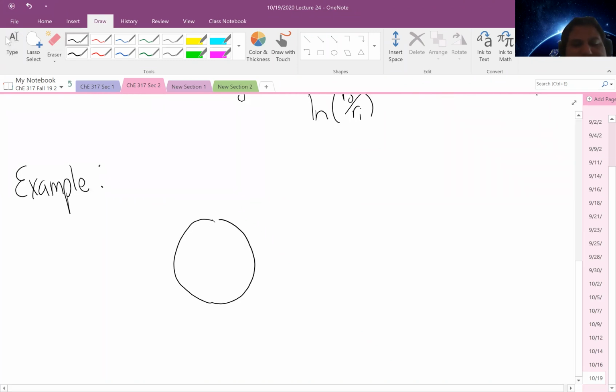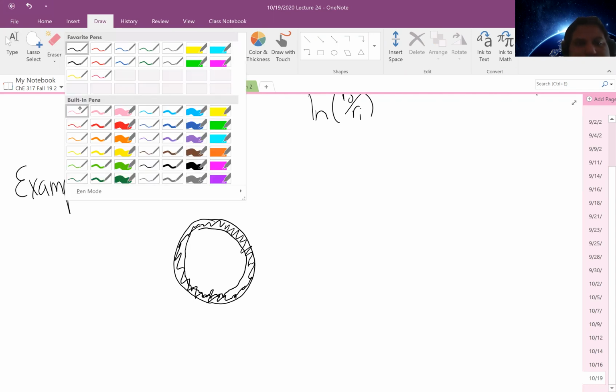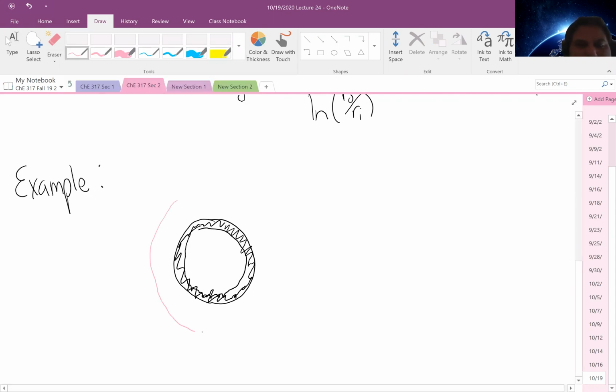So what it's supposed to look like is, let's say we have a pipe, and this is going to be steel. And then we have a layer on the outside of this, which is foam.